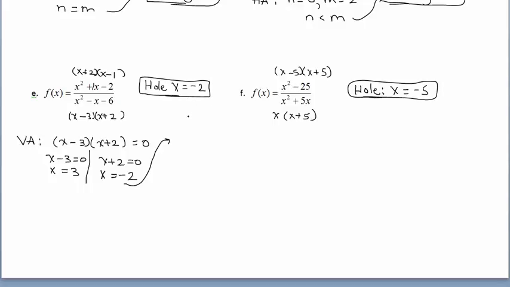So we can't have a vertical asymptote when we have a hole. So in this case, we only have one vertical asymptote, and that vertical asymptote occurs at x equals 3. So lightly crossing this off, we're just indicating that we don't have a vertical asymptote because it is a hole.